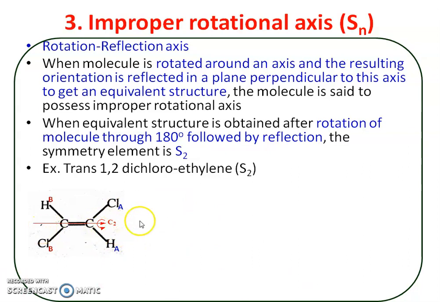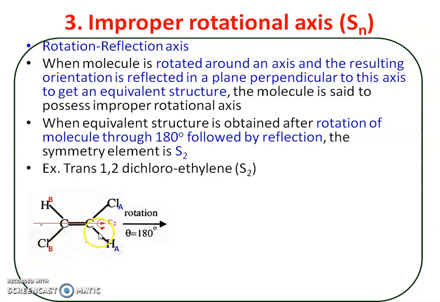So after 180 degree rotation, this chlorine atom A will come down. It will take the position of hydrogen A, and hydrogen A will take the position of chlorine A. Similarly, there is an exchange between HB and ClB.